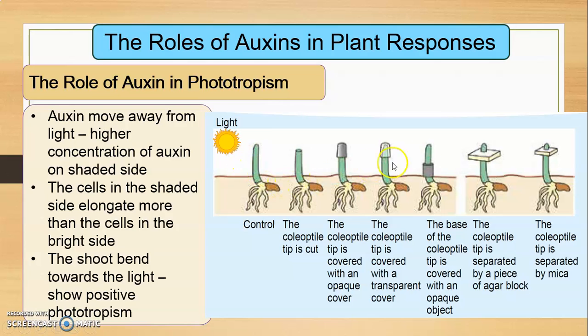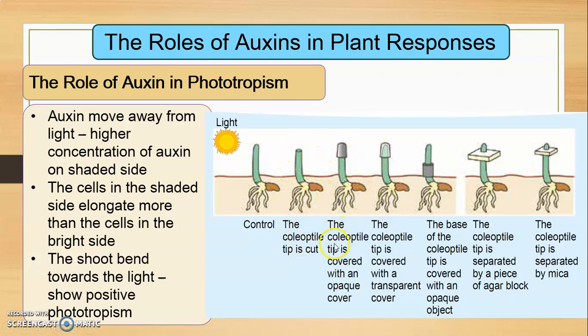Okay, so look at this experiment. We are going to discuss this experiment one by one. So this is light, because we want to study phototropism, the response of plants towards the light. So light on the one side, and then we put a control here. The second coleoptile is cut.